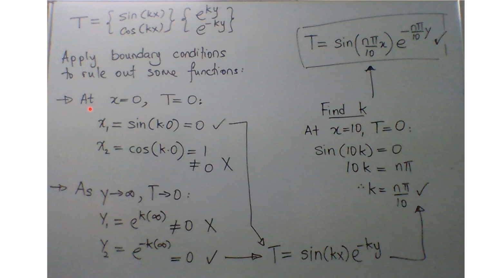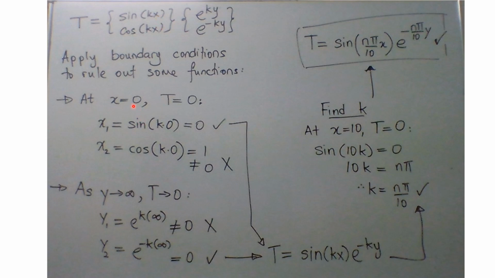At x equals 0, we have the temperature equal to 0, right? That is at the left hand side of the plate, the left bottom of the plate. Here we need to use these two equations, so I'm going to put x equals 0.